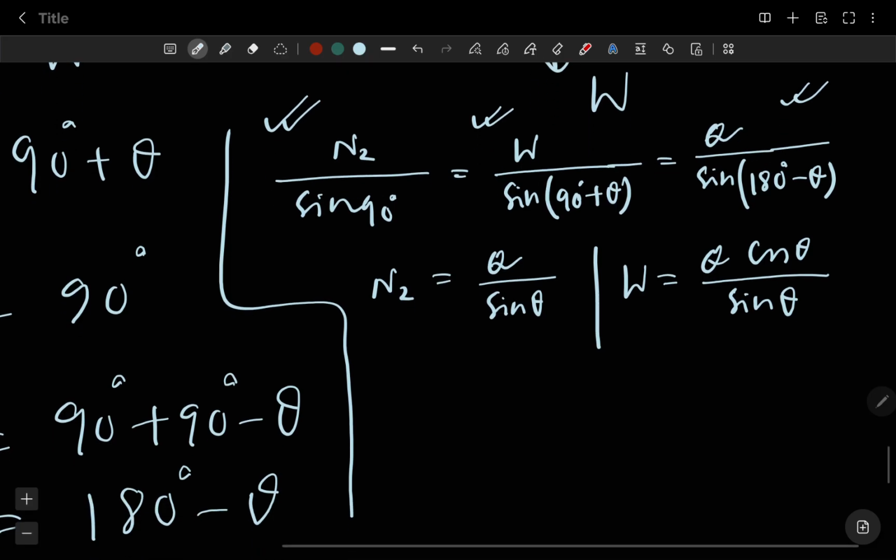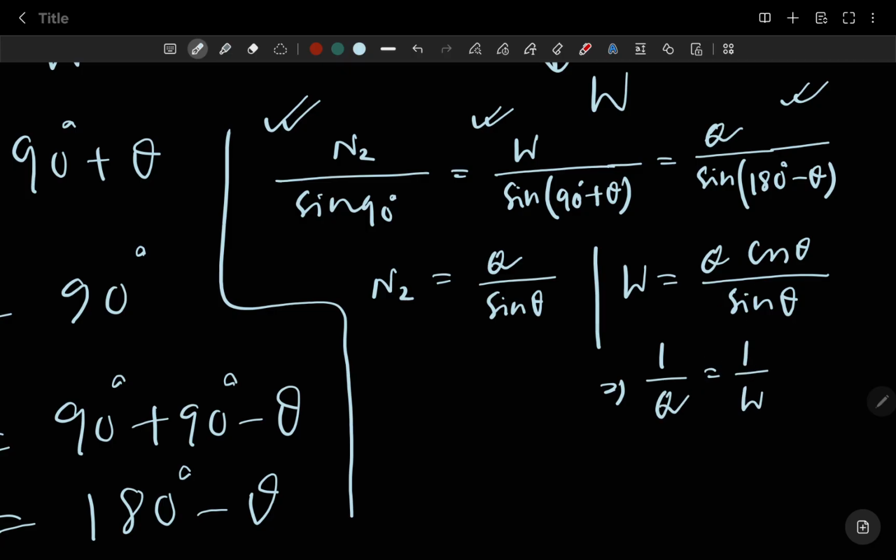So what we will get here is 1 by Q will be 1 by W cot theta, right?